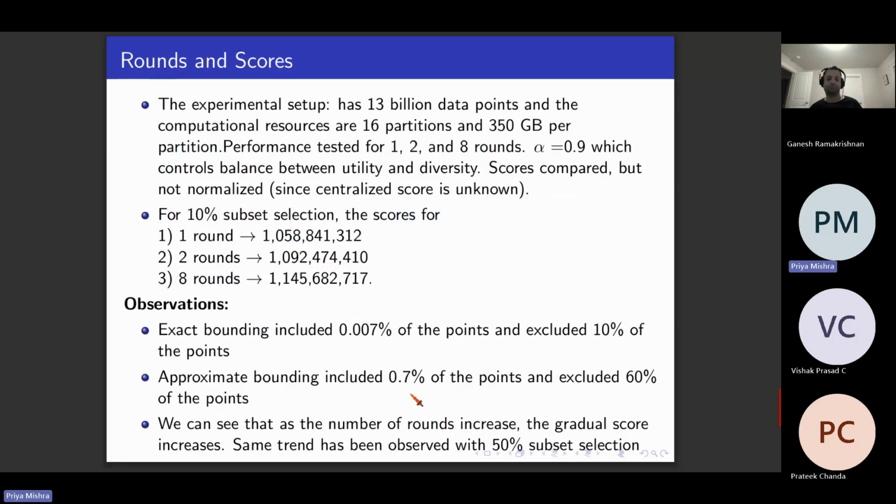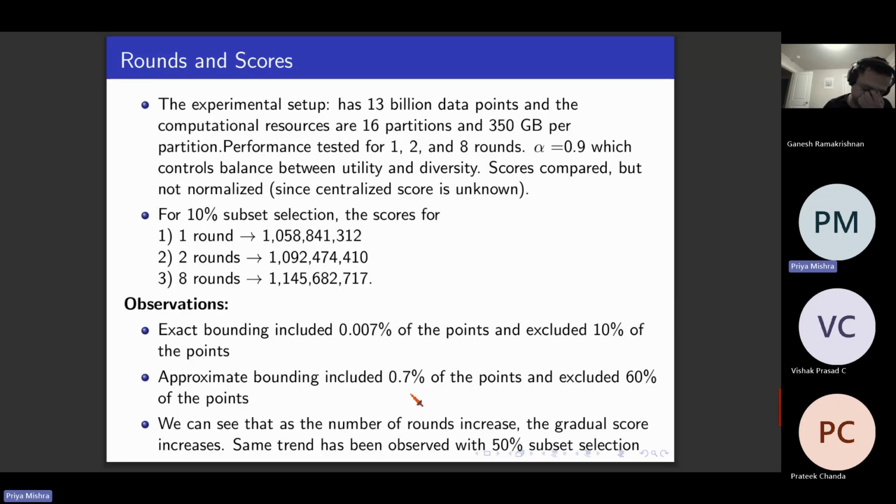For the 10% subset selection, for one round the score is like 1 billion, and for 8 rounds it has increased to 1.1 billion. For 50% subset selection, for one round it was like 4.17 billion, and for 8 rounds it was like 4.25 billion.